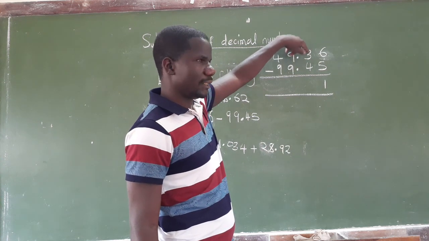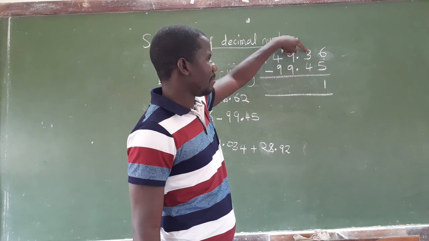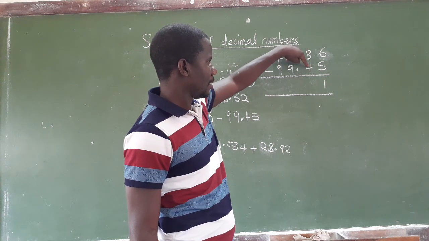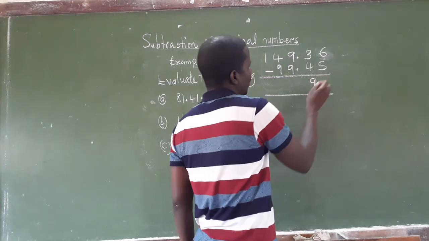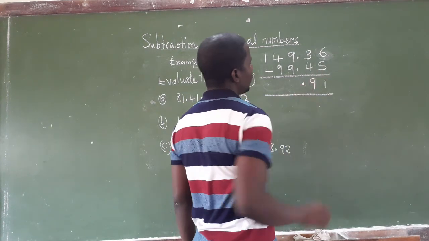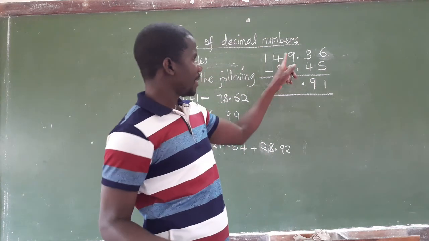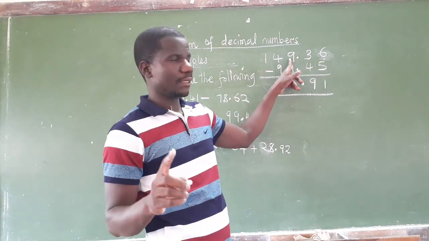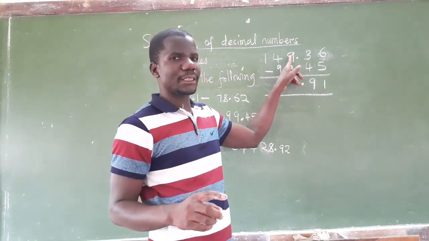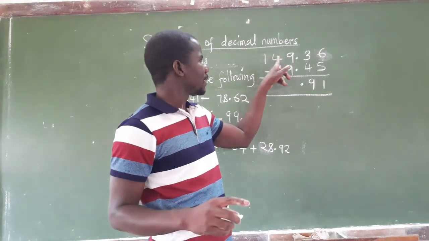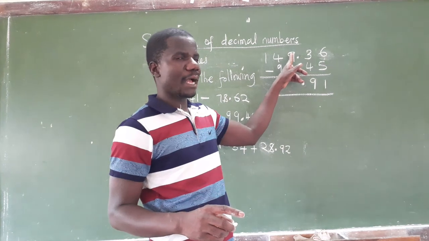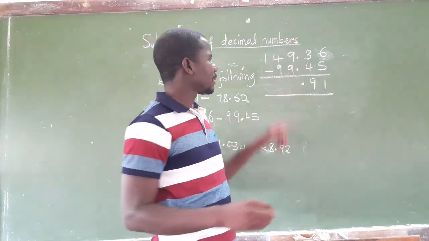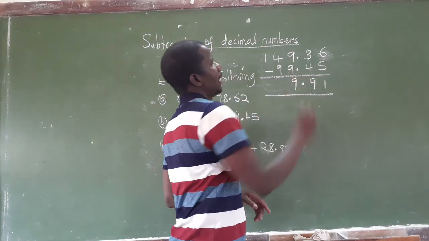So it becomes 13. 13 minus 4, what do we get? 9. Point. Now, remember that here we are remaining with 8. Now, we can't subtract 9 from 8. So we have to get 1 from here and bring it here. So it will become 18. 18 minus 9, we have 9.